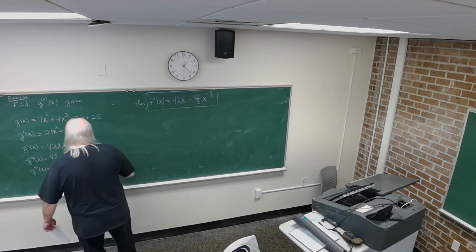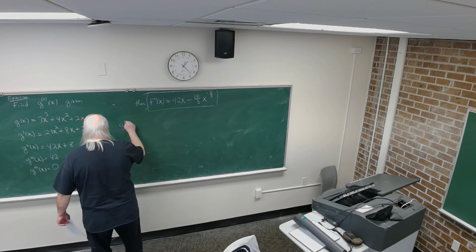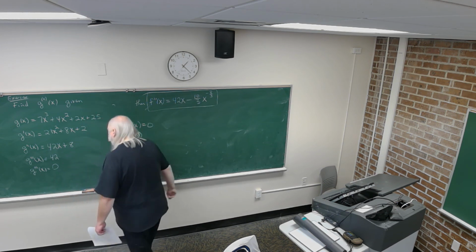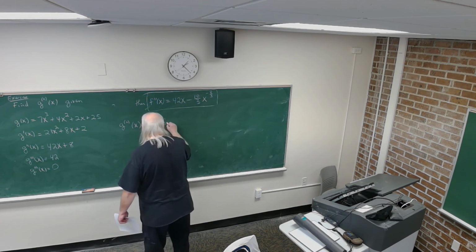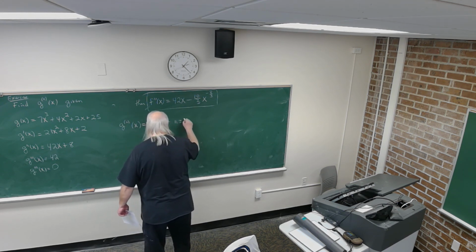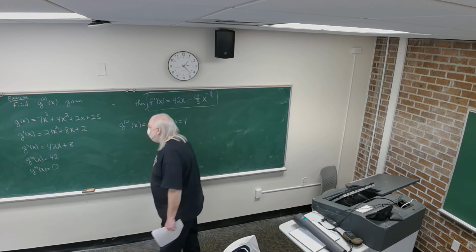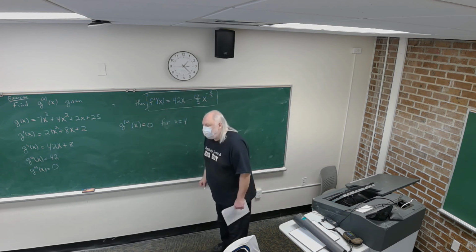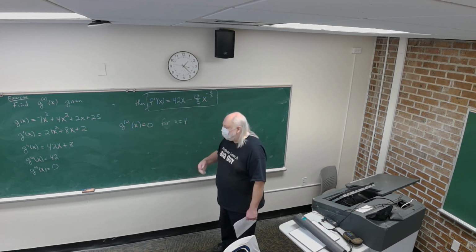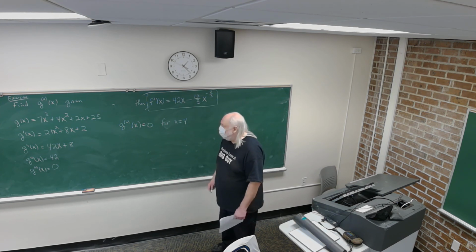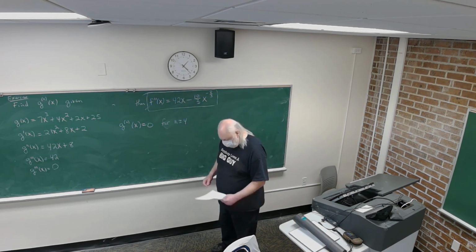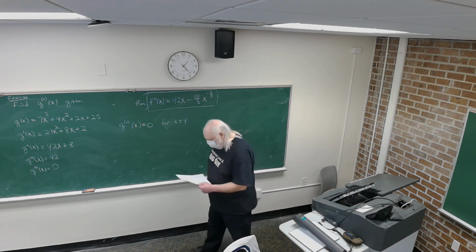So the nth derivative of g of x is 0 for n greater than or equal to 4. The fifth derivative, sixth, seventh, eighth, ninth derivatives are all 0. Okay?